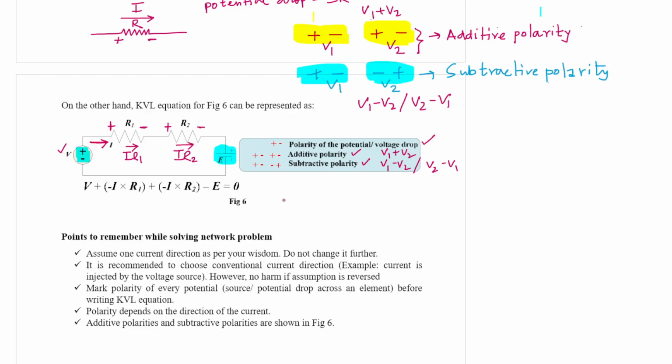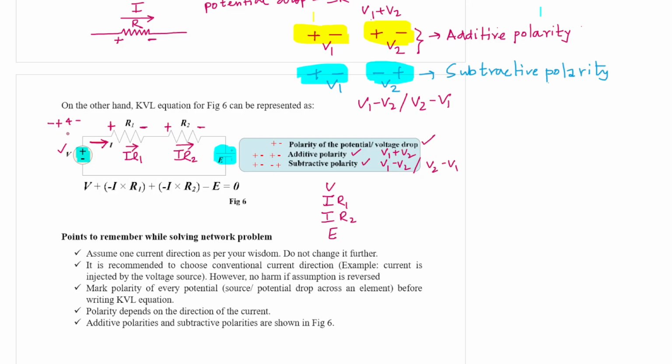Now we have four drops, four voltages. We have V, then we have IR1, then IR2, and last we have E. Let us start with V. The polarity of V is minus plus, so if you compare V and IR1, they are subtractive polarity because they are arranged minus plus, then plus minus.